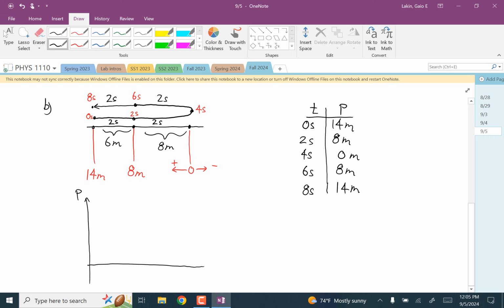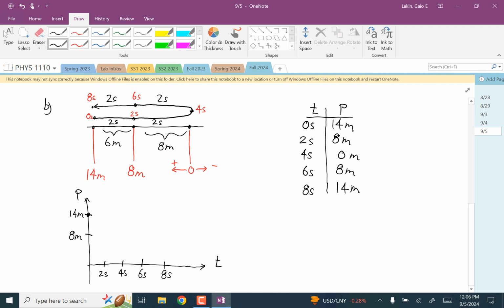We always have position on the vertical axis and time on the horizontal axis. The times are 2, 4, 6, 8, and the positions are 0, +8, +14. The first point is 0, 14, so here.